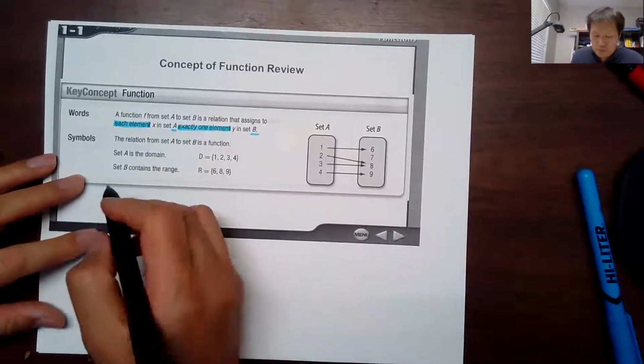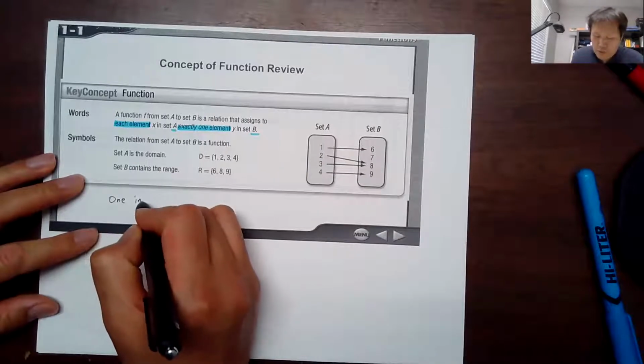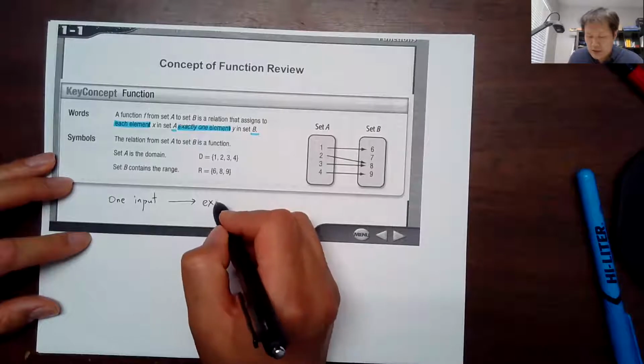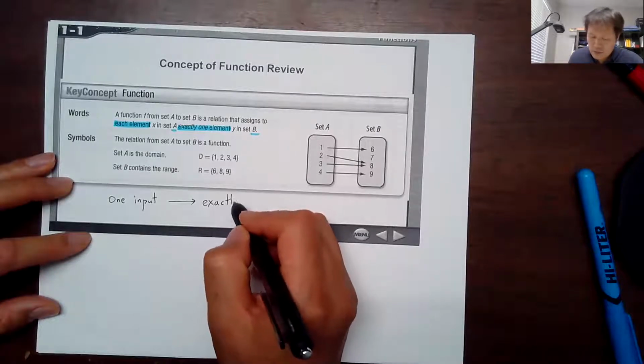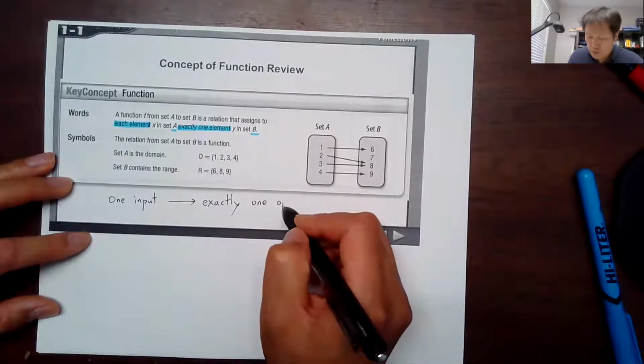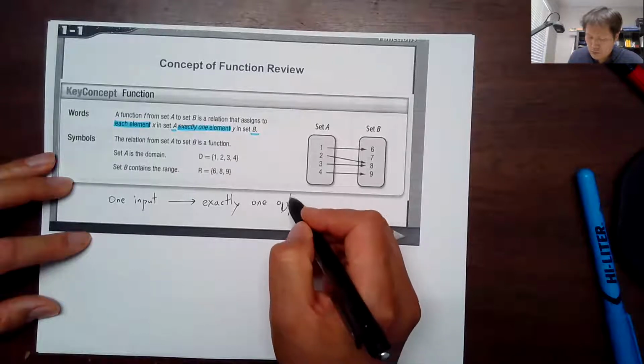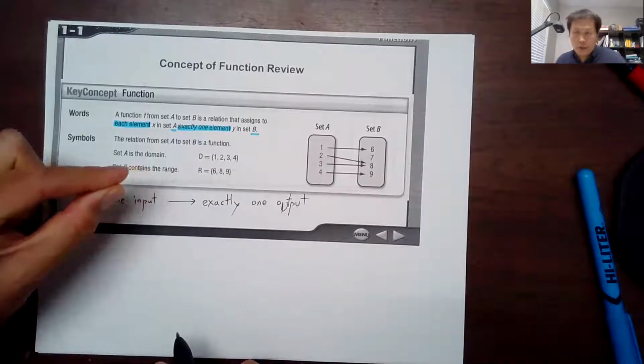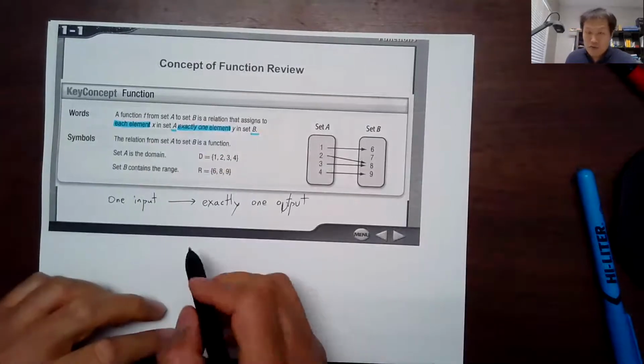One input only goes to exactly one output. That's what it means. One input can only go to one output. What does that mean?